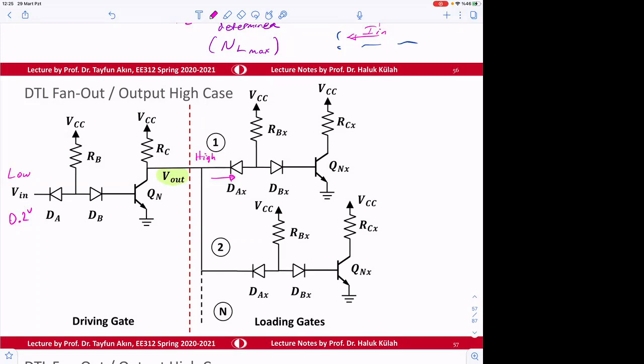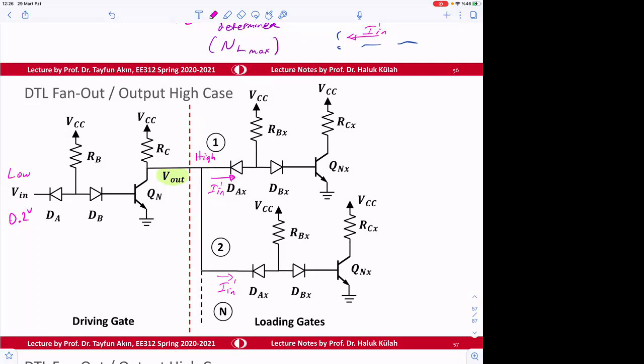Okay, so if there is any current to this stage, we call it IN prime and IN prime. So then those IN primes are going to be added, and then we'll create a drop on RC, correct? So the minimum of V out can be allowed down to input high voltage.